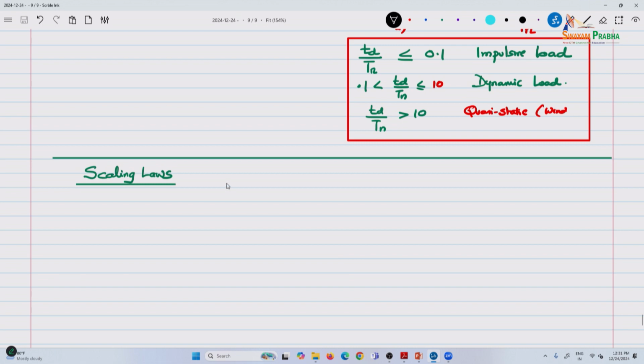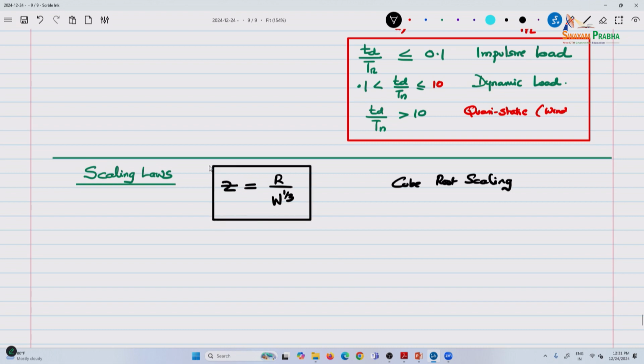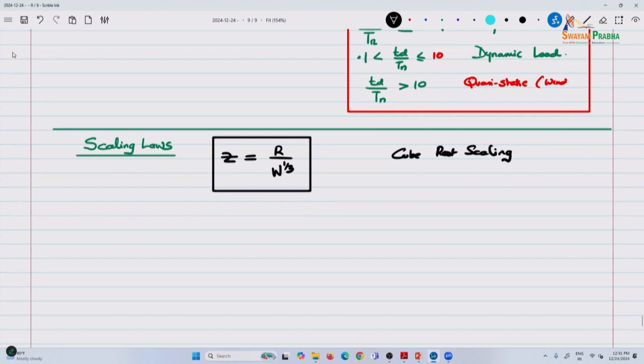When you are in this field, you will see this being talked about. We have seen that this is one scaling law. This is called the cube root scaling. Cube root scaling is R divided by W power 1 by 3. What does this mean?